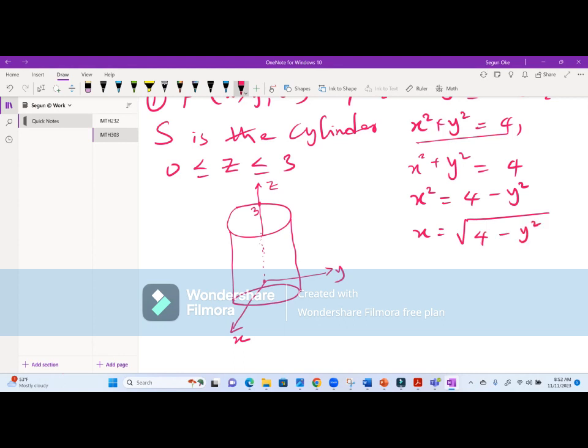Do we agree? I need a response, please. Yes, sir, we agree. You agree by fire, by force, or by all means? Yes, we agree by all means.